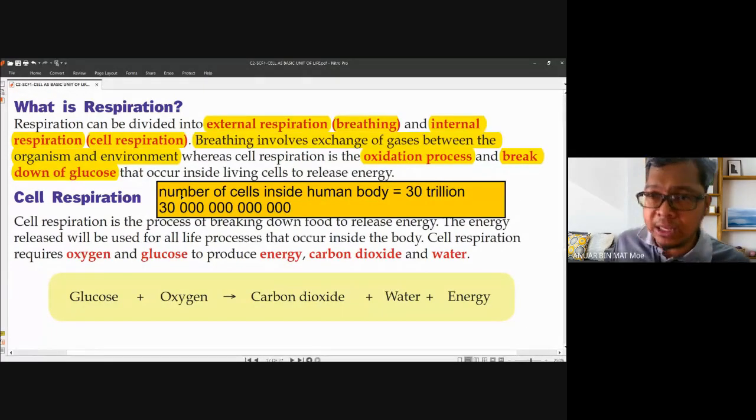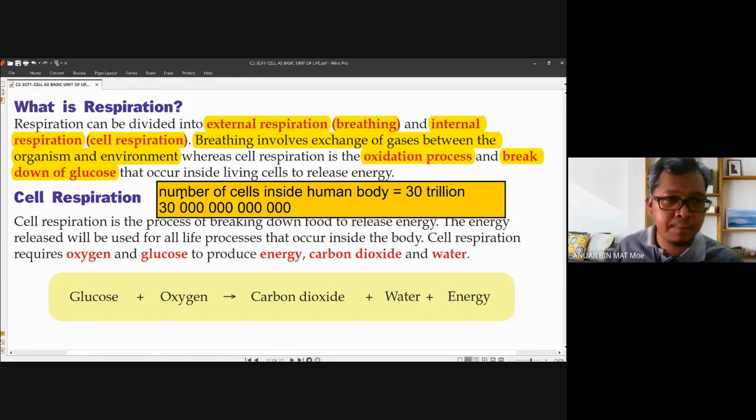Oxidation means each cell needs oxygen, and the breakdown of glucose, not just oxygen. Our cells also need glucose and oxygen in order to function or to release energy.